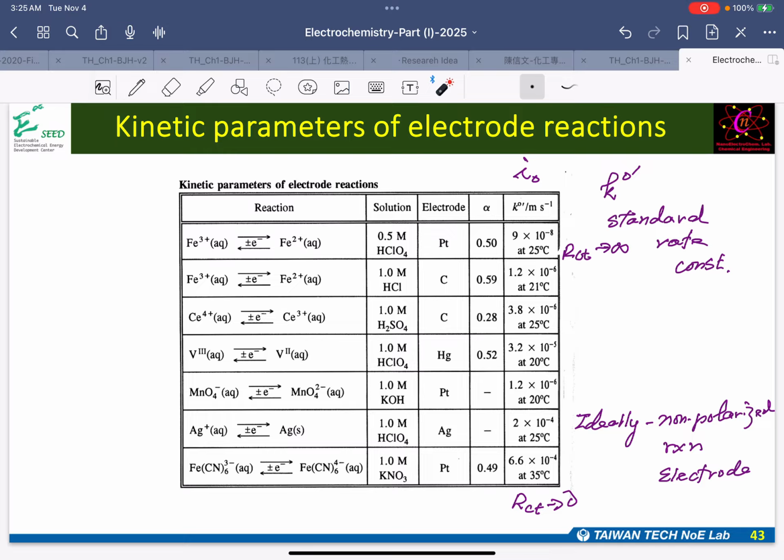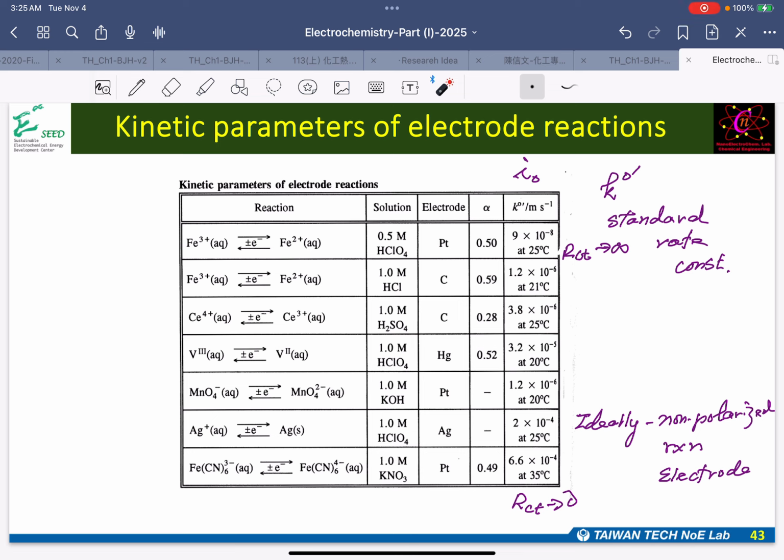And this Seeber reduction is very fast, so it's just comparative, right? It's minus 8, it's minus 4. So this reaction will be much faster. This is also very fast. So this is also a typical redox we can use as a reference.